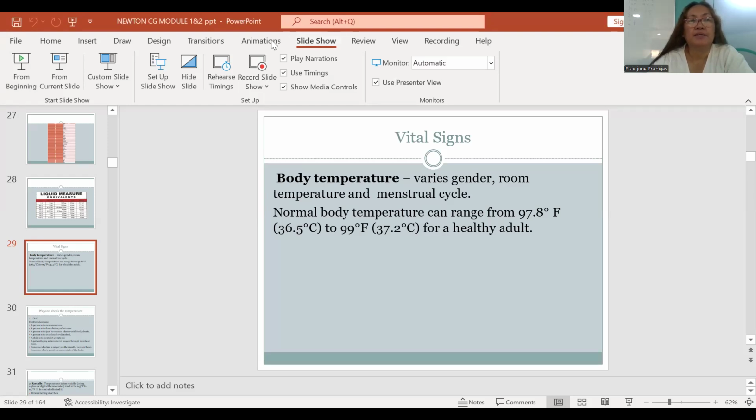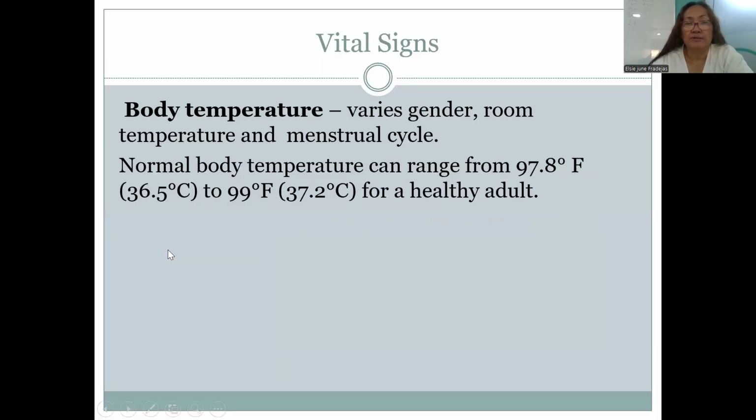Depends upon the patient's gender. Okay, because for female, there are hormonal changes, especially if the female is fertile and having menstrual flow. Okay, the temperature inside the body is higher. Now, how about the activities?